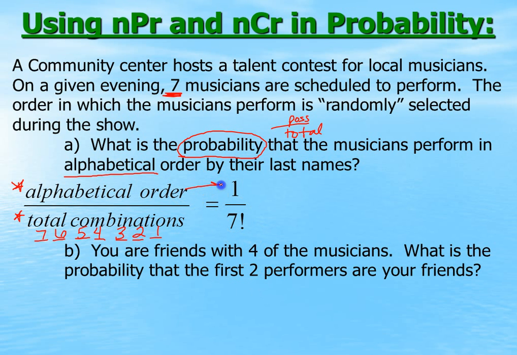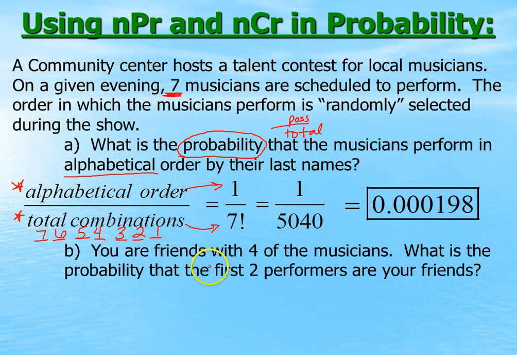So alphabetically, there's only one way to put them in alphabetical order. And then that total combination is 7 factorial. So type that in, you'd get 1/5040. And if you pushed it as a decimal, it would be 0.000198.